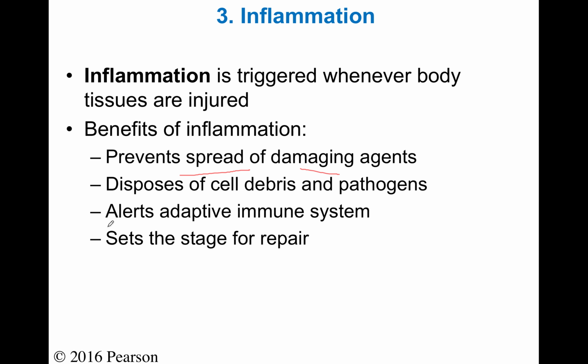You are triggering a mechanism that activates adaptive immunity and makes it ready to fight off infection. And again, it sets up the stage for the repair of the damage, either caused by the way the pathogen entered or the damage caused directly by the pathogen itself.